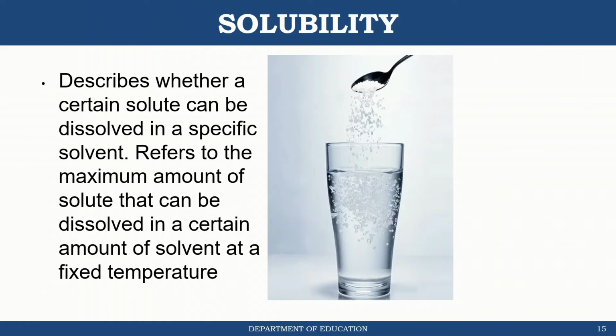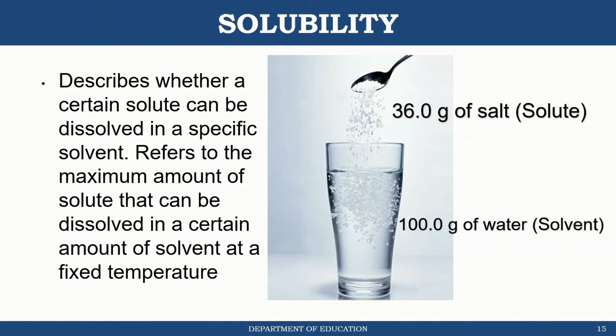Let's talk about solubility. Solubility describes whether a certain solute can be dissolved in a specific solvent. Specifically, it refers to the maximum amount of solute that can be dissolved in a certain amount of solvent at a fixed temperature. For example, 36 grams of salt can be dissolved in 100 grams of water at 20 degrees Celsius.